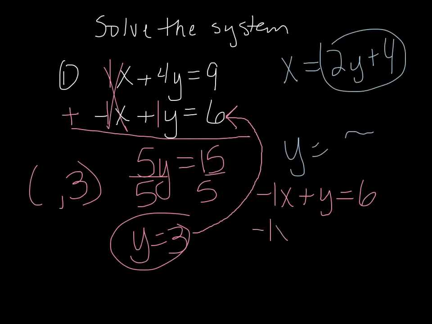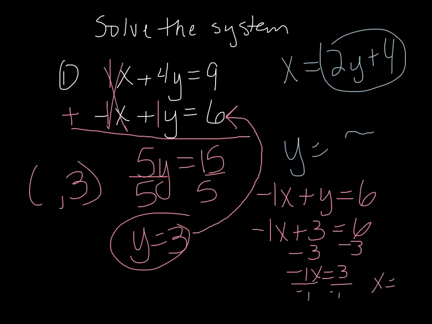So negative 1x plus 3 equals 6. Subtract 3 from both sides. I get negative 1x equals 3. Divide by negative 1, and x equals negative 3. My solution is negative 3, 3. If I were to graph these, this is where the two lines would meet. Would I be at negative 3, 3 if I were to graph these problems?